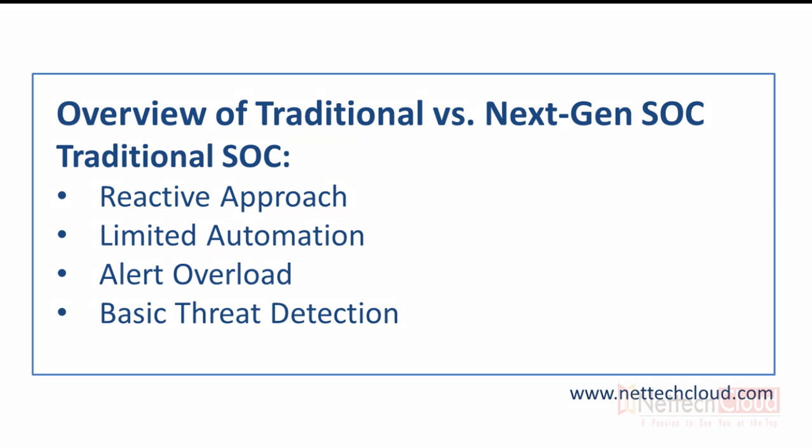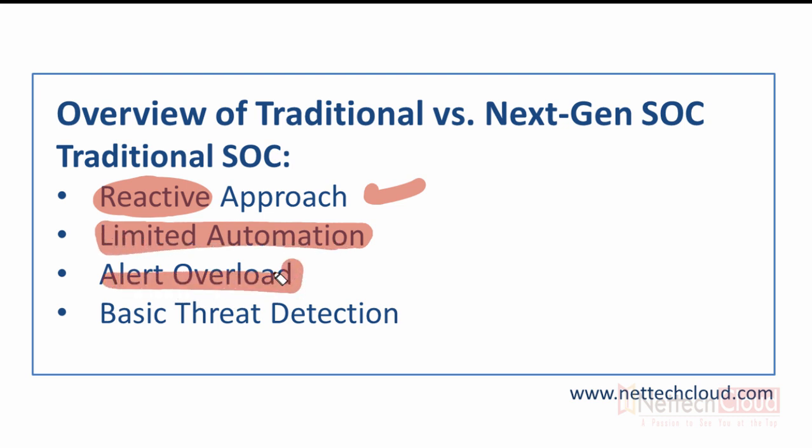Traditional SOC. Traditional means not a proactive approach, it is a reactive approach. However, in a modern or next generation security operations center, there is a proactive approach. Automation: a traditional SOC lacks automation, with limited automation or no automation at all. Alert overload is another limitation or drawback of the traditional security operations center, along with very basic threat detection.